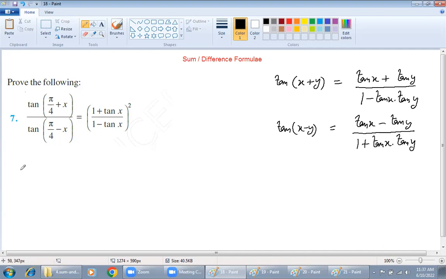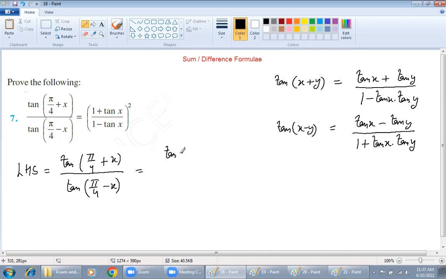So we have left hand side is equal to tan of pi by 4 plus x divided by tan of pi by 4 minus x. In the numerator, we will apply the tan of x plus y formula.